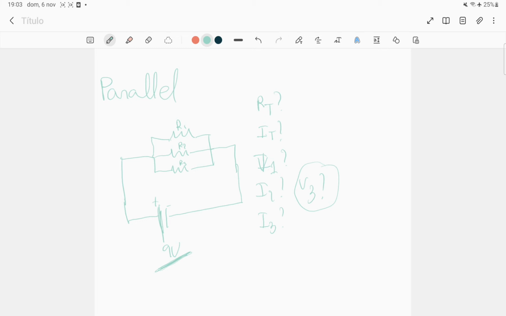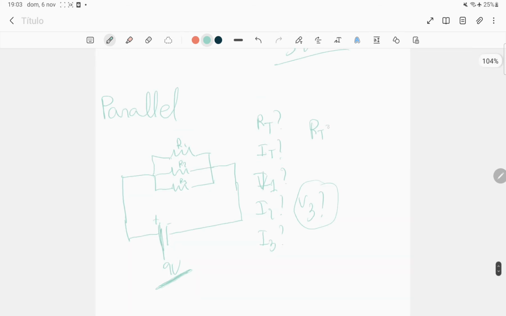Okay, so RT, we have 3, so 1 divided by RT is 1 divided by R1 plus 1 divided by R2 plus 1 divided by R3.